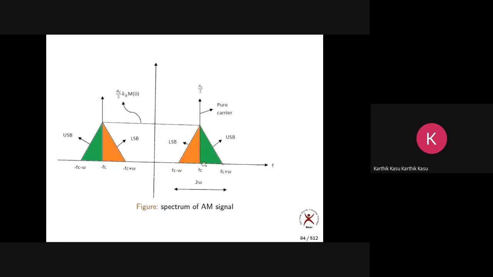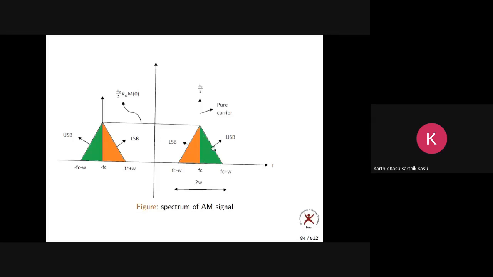So can you tell me what is the bandwidth of upper side band? Only upper side band. Anyone? What is the bandwidth of upper side band? Hello, am I audible? So the bandwidth of upper side band is how much?